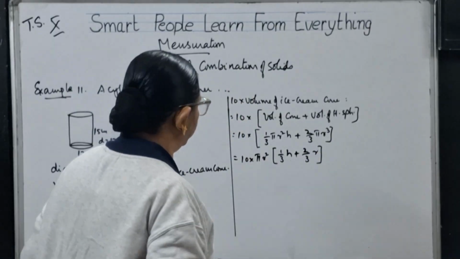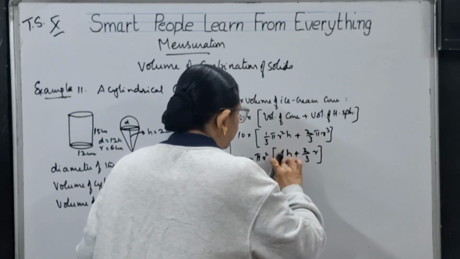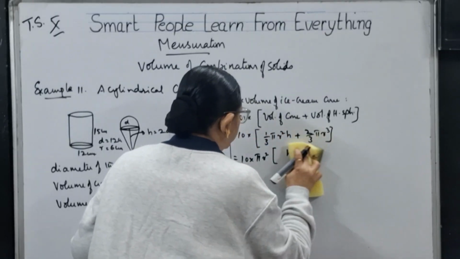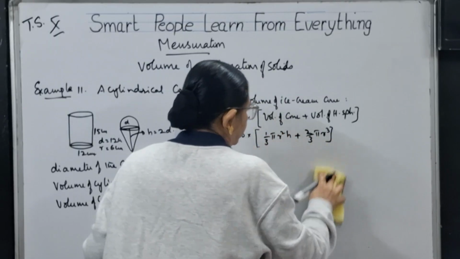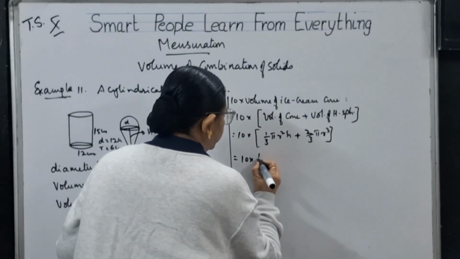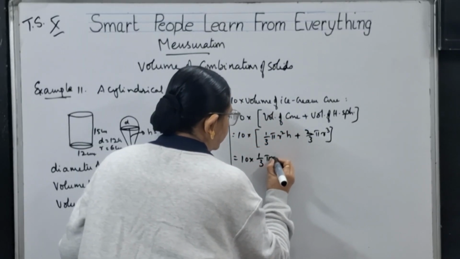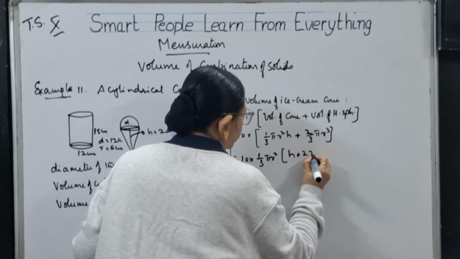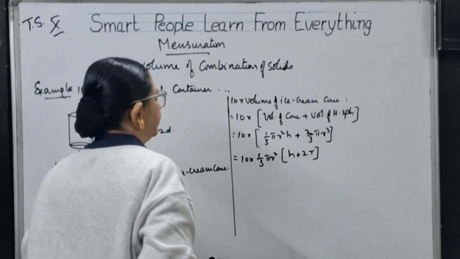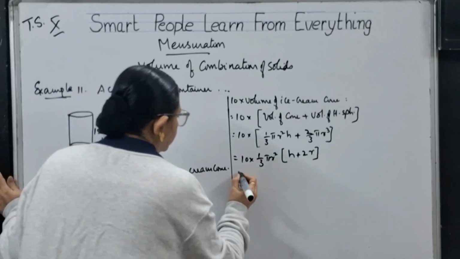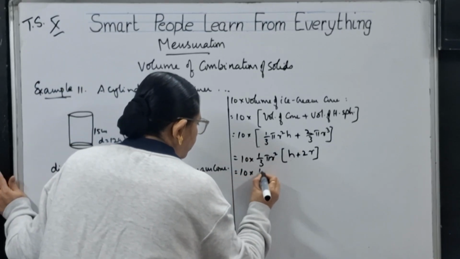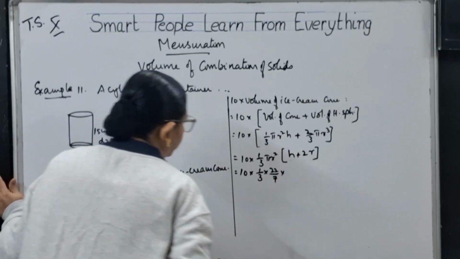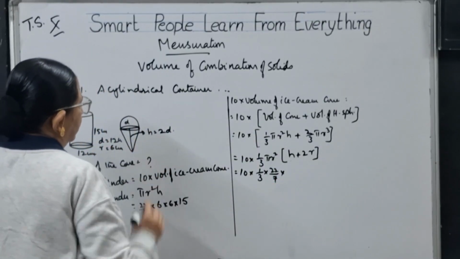Let me write it once again. In both the cases, 1 by 3 is common, no? So 1 by 3 pi r square if I take, I am getting h plus 2r.